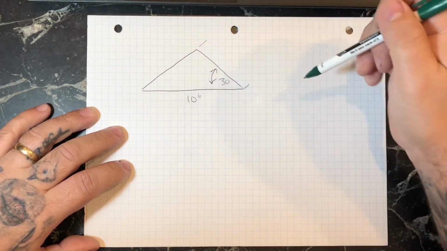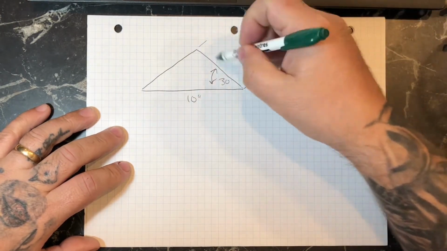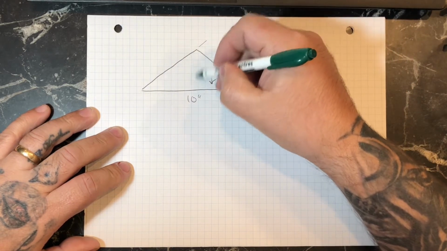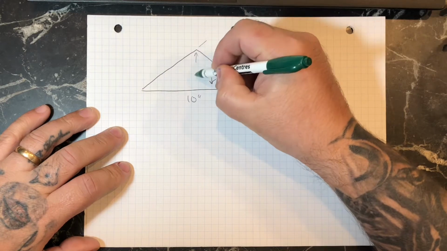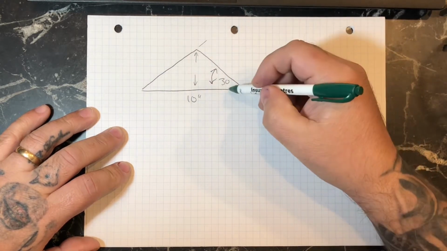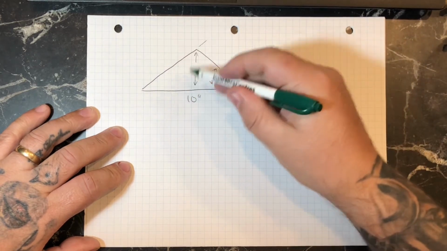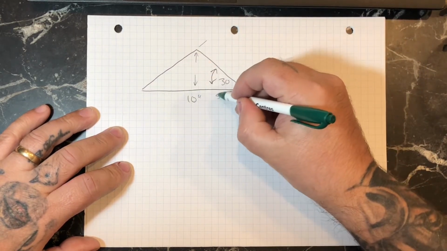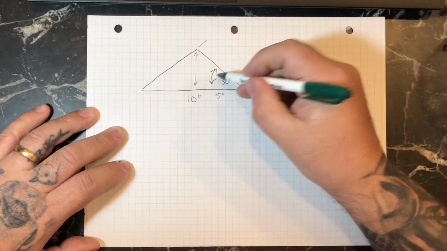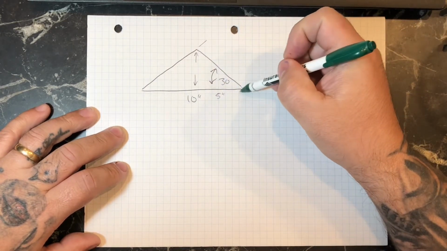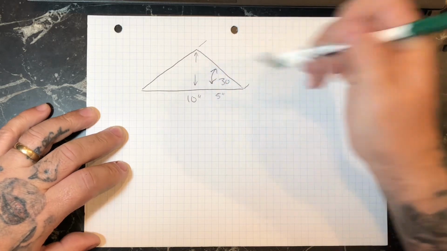To find this hypotenuse, I'm going to find out what the rise is, from here to here. I can use basic trigonometry. If I cut this whole cap in half, this ends up being 5 inches, with a 30-degree angle. So I have an angle, I have the adjacent, and I'm looking for the opposite.